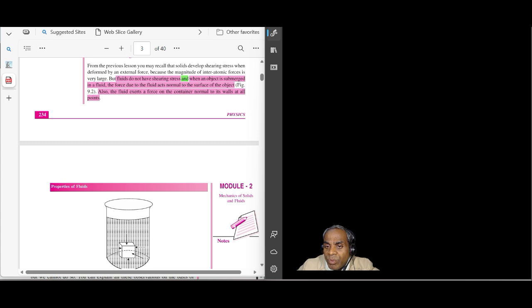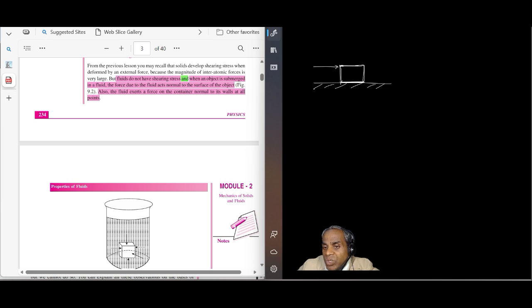Suppose there is a block of wood or a solid block resting on the table, and suppose this bottom edge is fixed, or you stick it to the table so that this doesn't move. Shearing force is force which acts parallel to the surface of this solid.